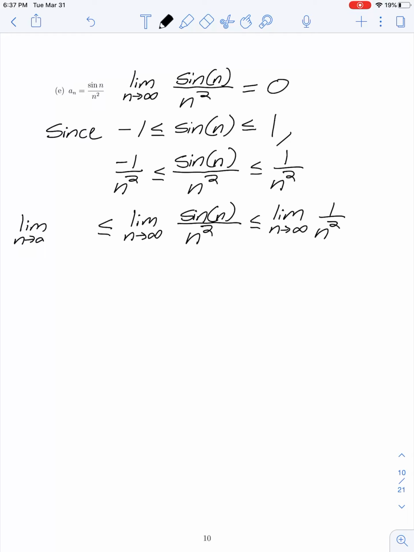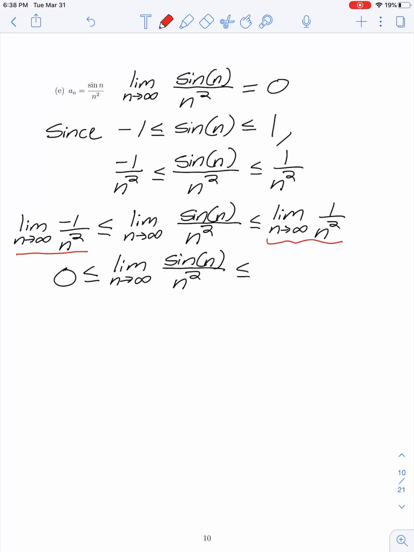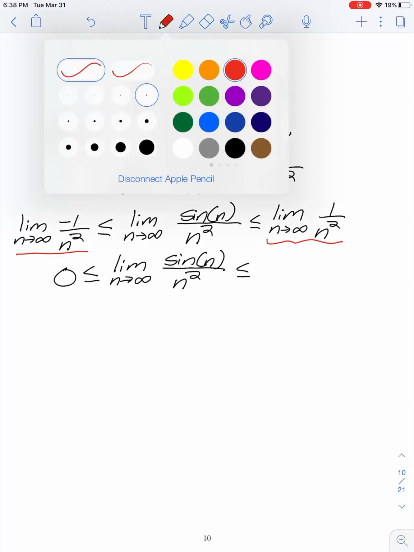So thinking about our limit on this left-hand side, as n becomes large, negative 1 over n squared is approaching 0, which is less than or equal to the limit as n approaches infinity of sine n over n squared, which would be less than or equal to the limit that we had on this right-hand side.